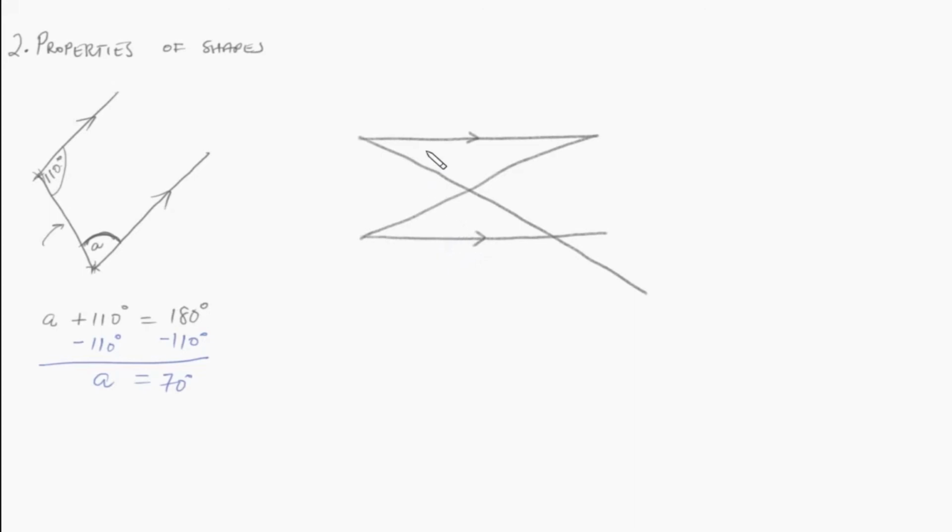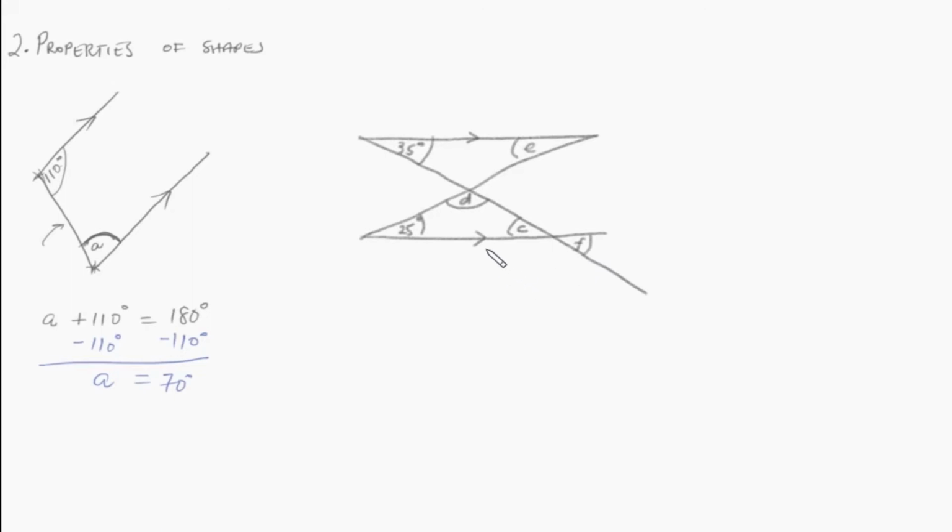We have 35 degrees here, and then we have E here, and D here. We have 25 degrees here. Then we have C here. Then we have F here.